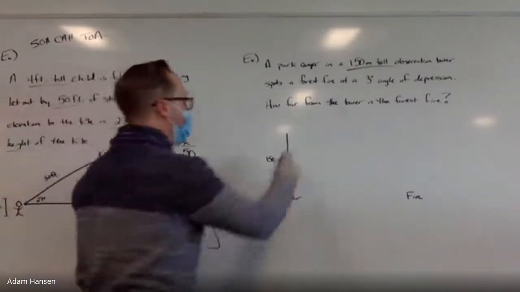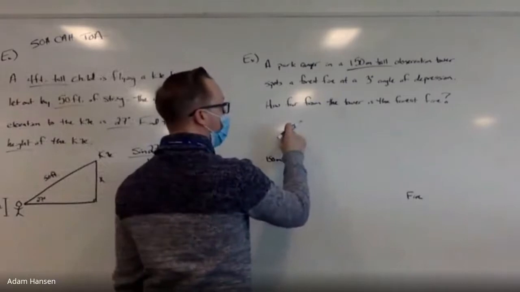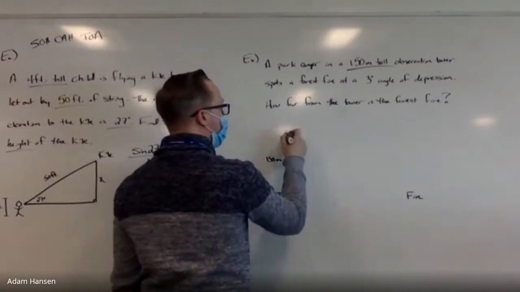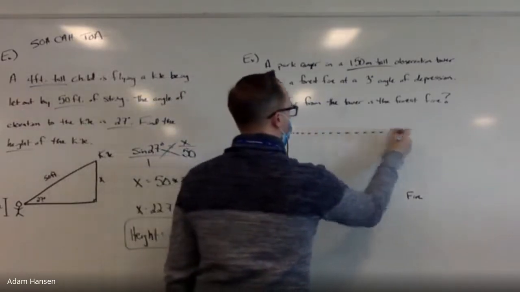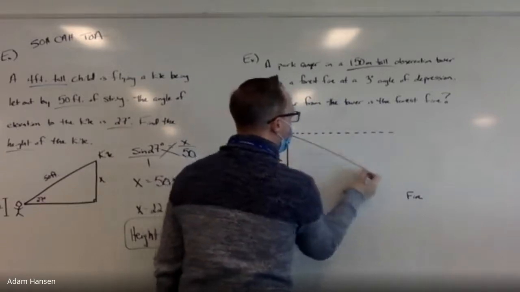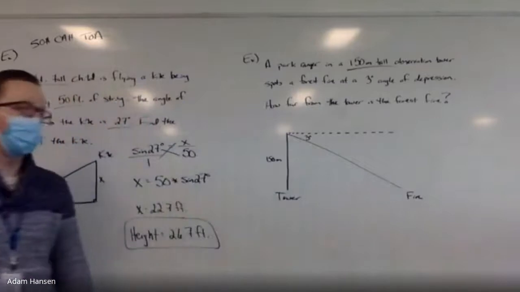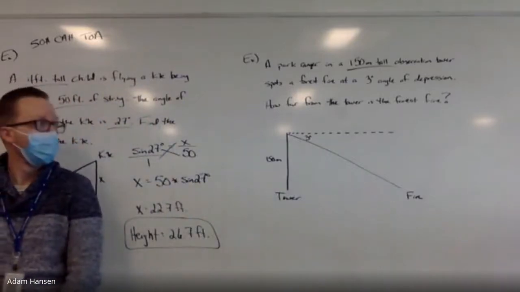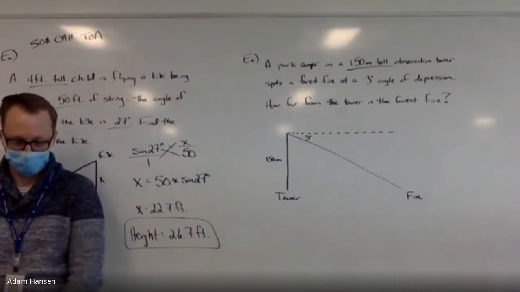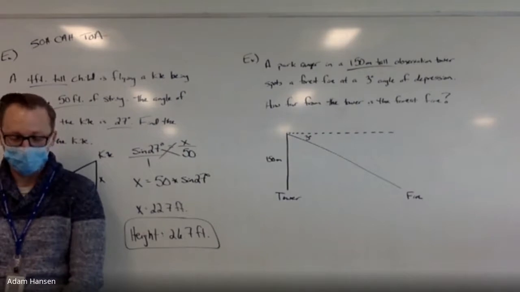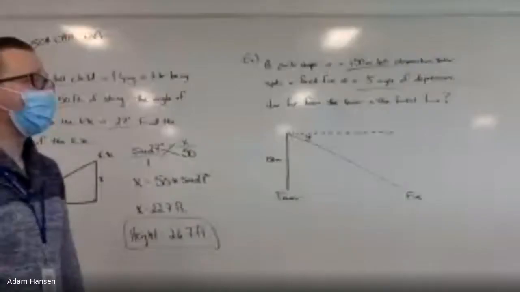So from the observation tower, from the park ranger, there's a 3-degree angle of depression from the top of the tower down to the fire. Angle of depression.